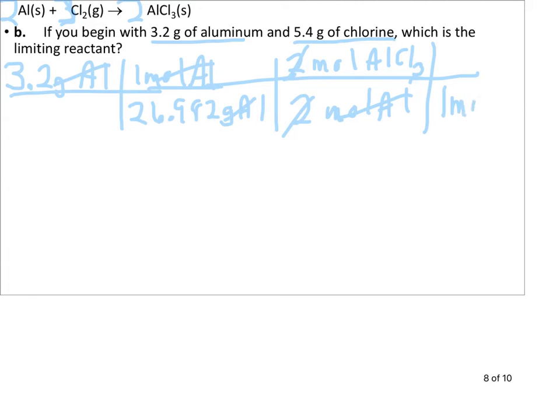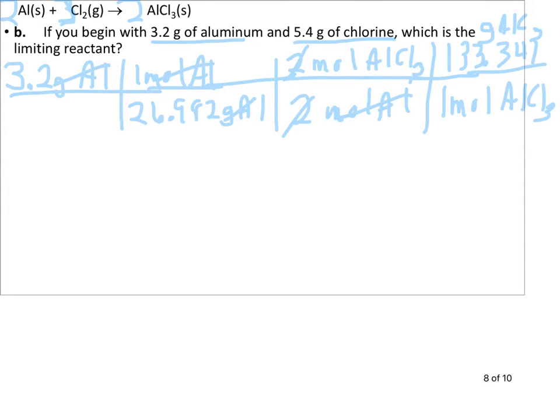1 mole of AlCl3 is 133.341 grams of AlCl3. Now remember, you can have a little different number of sig figs when you figure the molar mass.